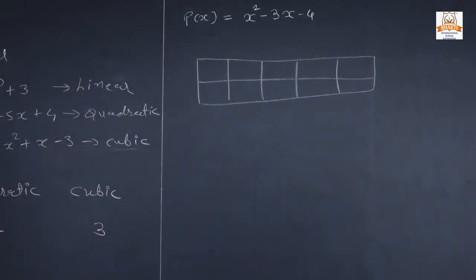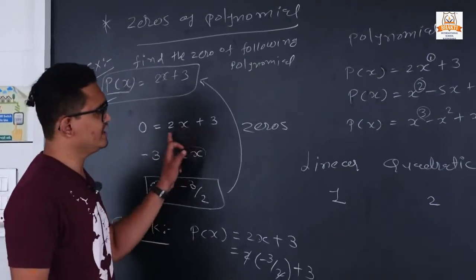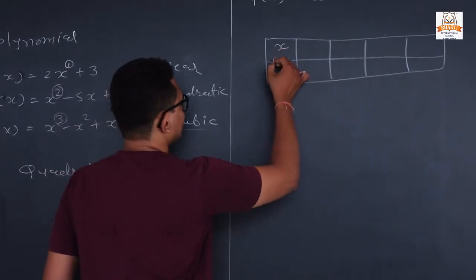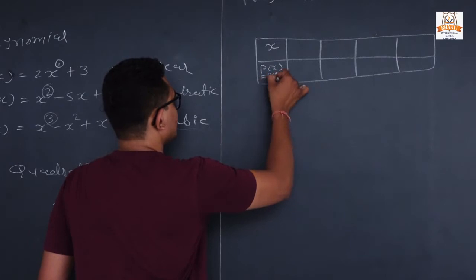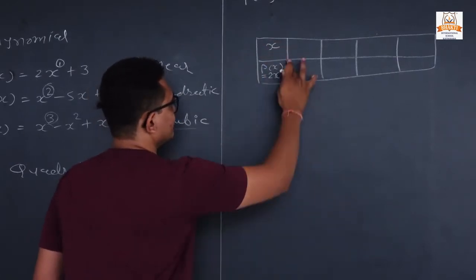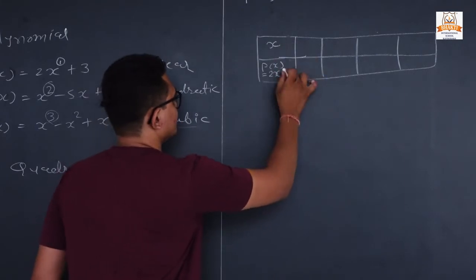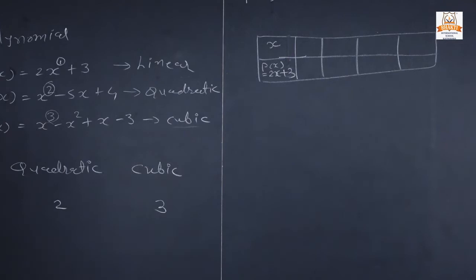See that. What is our polynomial? 2x plus 3. So here we can write p of x is equal to 2x plus 3. Clear?